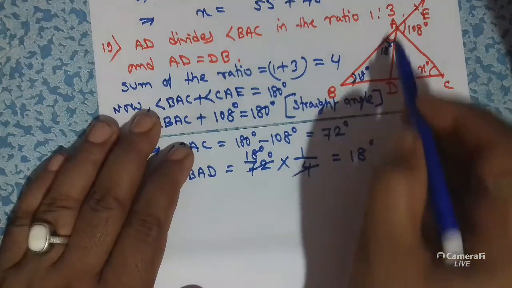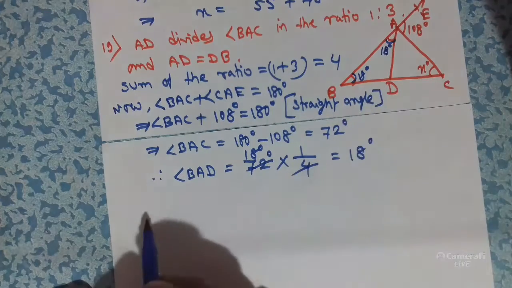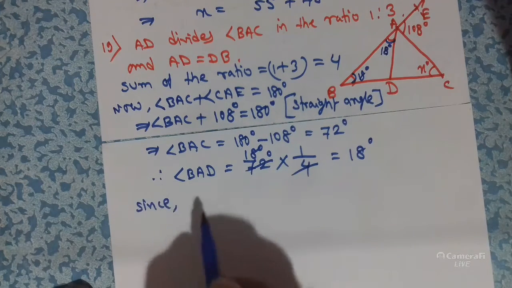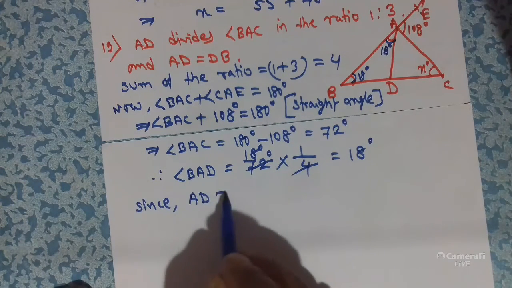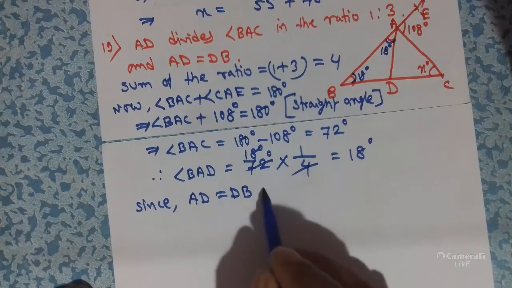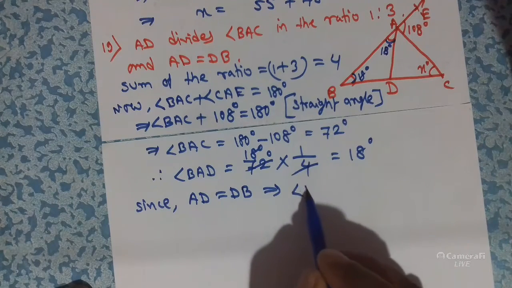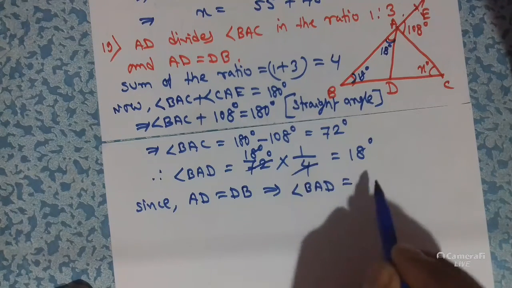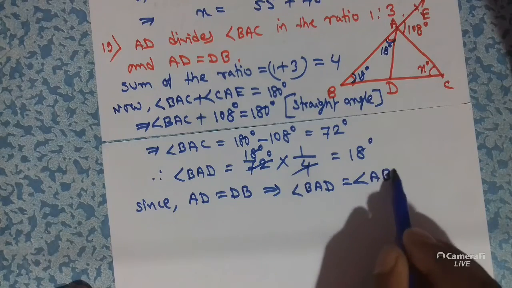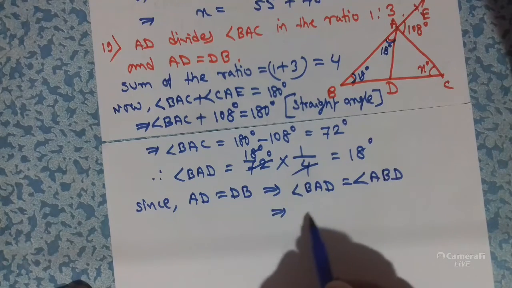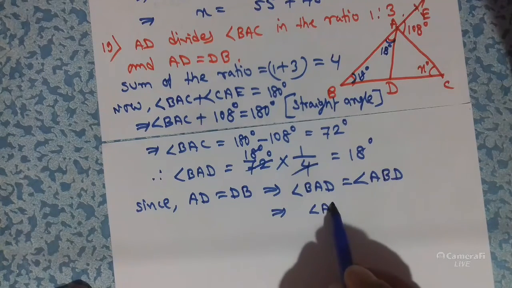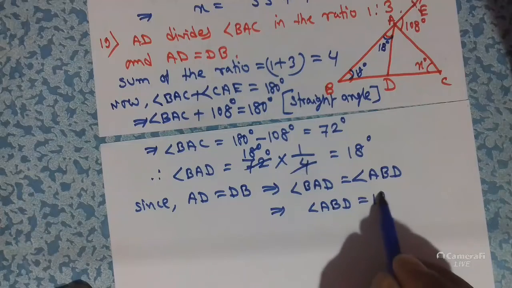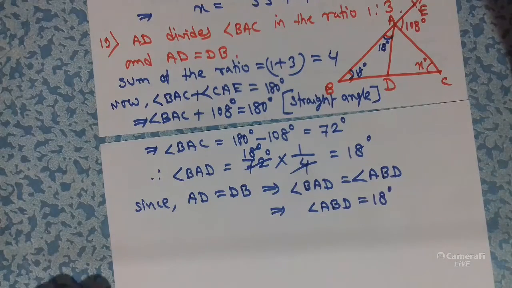Why? Because AD and BD are equal. Since AD is equal to DB, this implies angle BAD is equal to angle ABD, which is also 18 degrees.